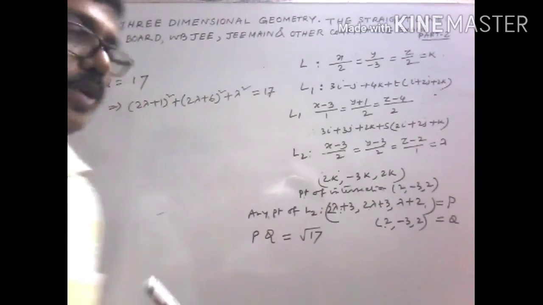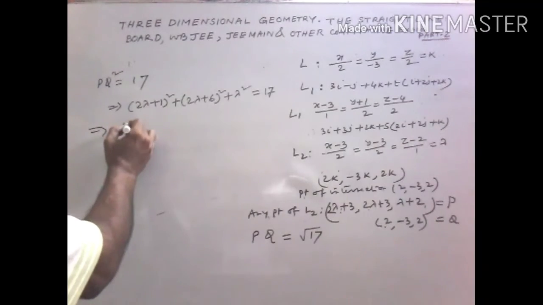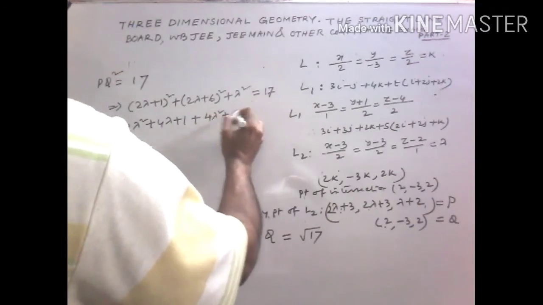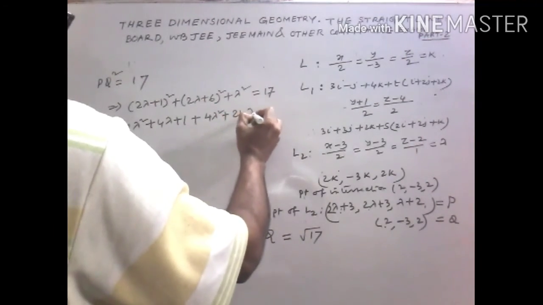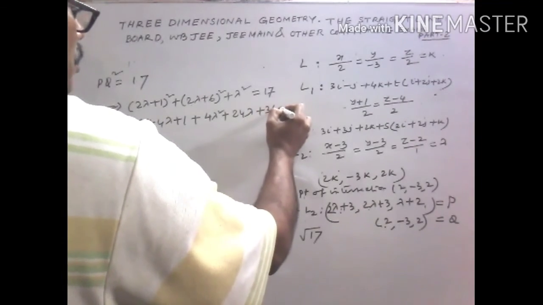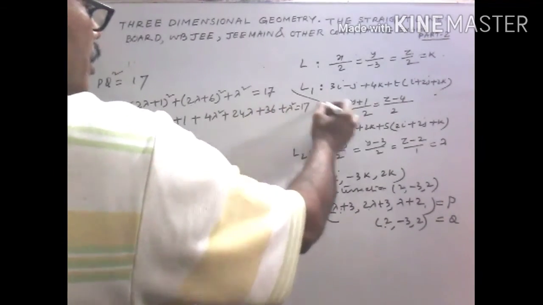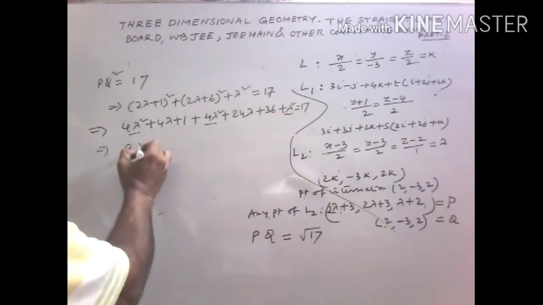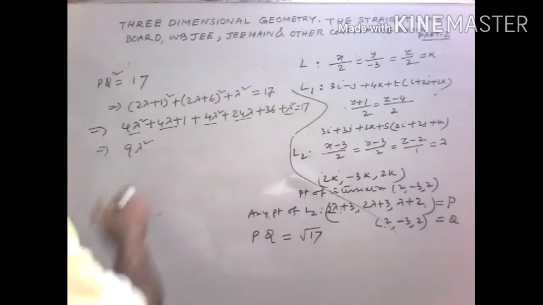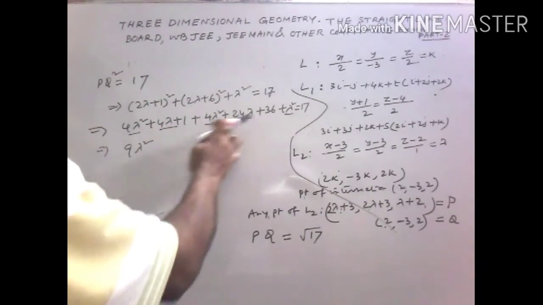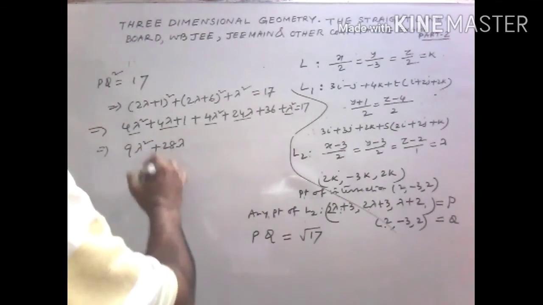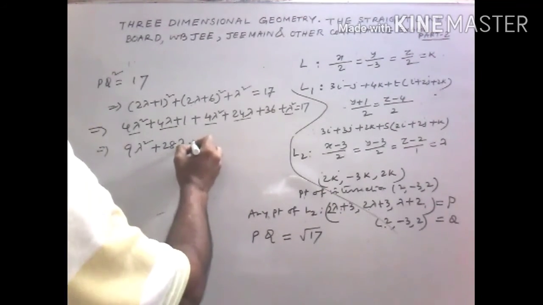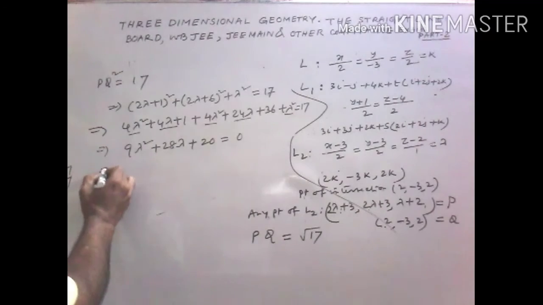So expanding, 4 lambda square plus 4 lambda plus 1, plus 4 lambda square plus 24 lambda plus 36, plus lambda square equals 17. Adding up, 9 lambda square plus 28 lambda plus 37 minus 17, so 20 equals 0.